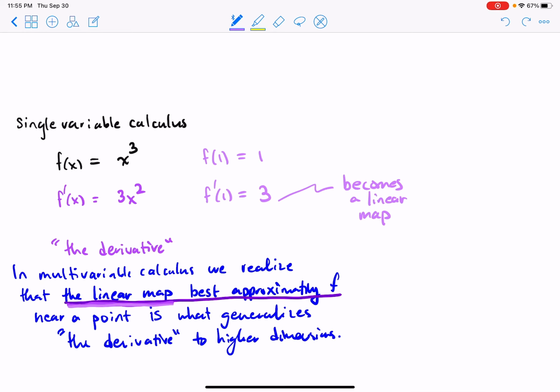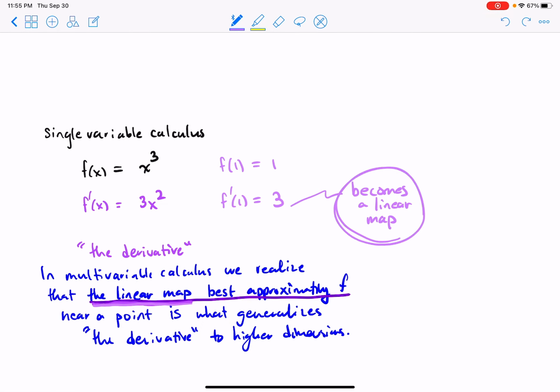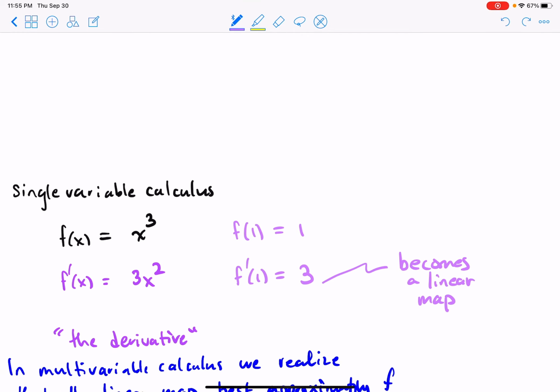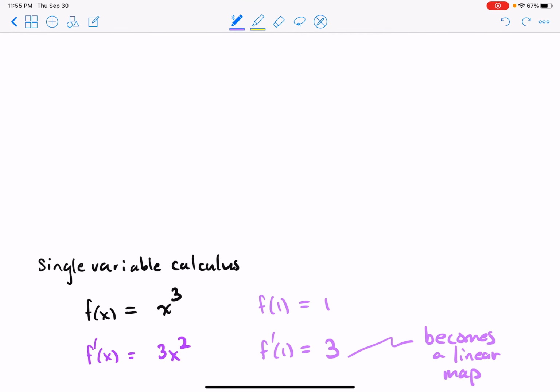So, there's one more thing. I said that we would discover how this becomes a linear map. So let's discover it. In single variable calculus, we would have drawn the graph of this map. Let's give me some more room. So maybe it looks like this.